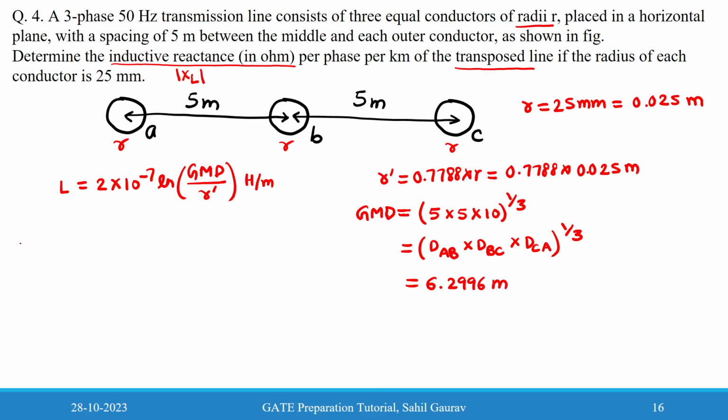Therefore, finally, we can write the L value: 2 into 10 to the power minus 7 ln of GMD 6.2996 over R dash, which is 0.7788 into 0.025, Henry per meter.